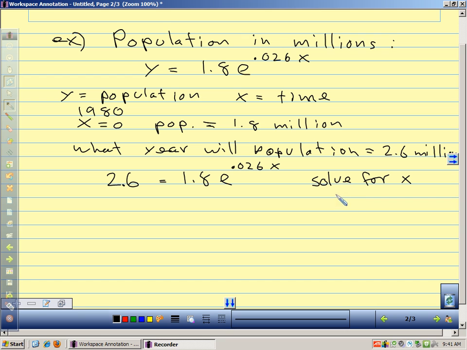In order to solve this, just like with our other exponential equations, we want to get the exponential function by itself on one side. So I'm going to divide both sides by 1.8 and turn this around. So e to the 0.026x equals 2.6 divided by 1.8.